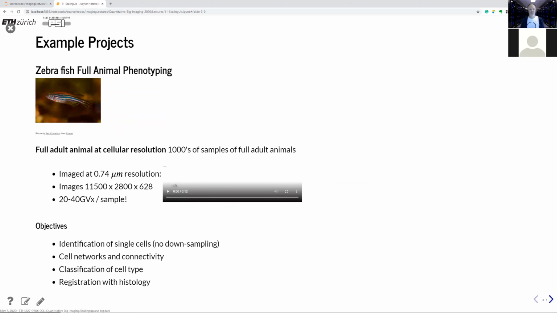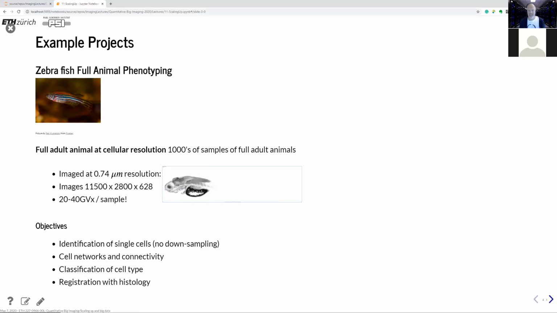So one example project is zebrafish full animal phenotyping. We have these little cute zebrafish, and a tomography set of 1,000 fish results in data sets looking like this one that I'm slicing through here.